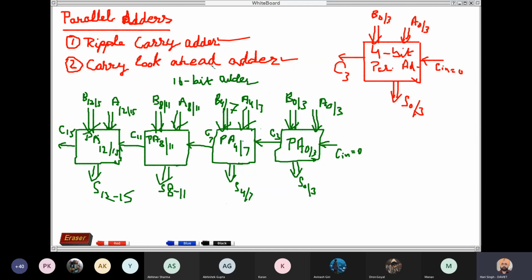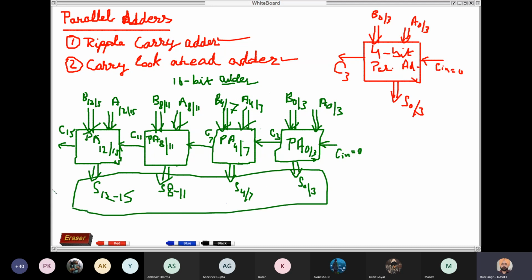Okay. Now you have to calculate the total propagation time, or the total time required by the 16-bit adder to provide the output, if the time required to generate the carry is 20 nanosecond and the time required to generate the sum is say 10 nanosecond.